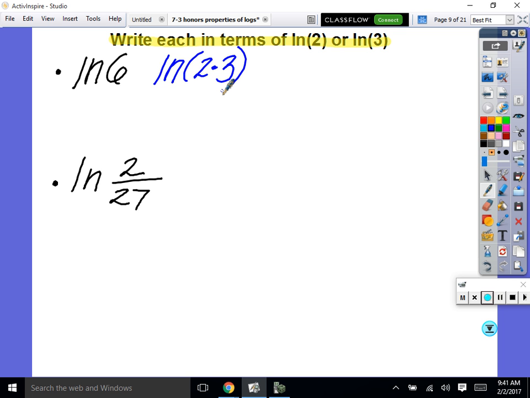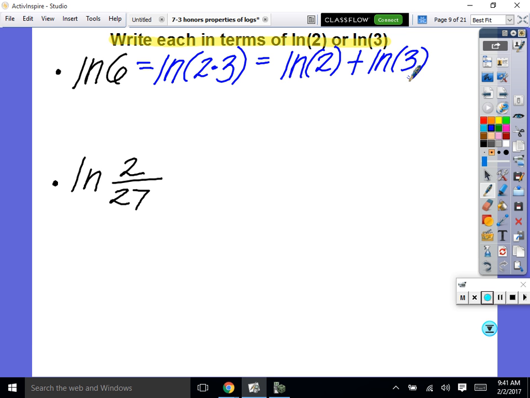Okay, so 6 is the same thing. This is literally equal to this. So now what we're going to do is split it apart. When you multiply, you add. So we can split this apart and write it as two separate ln's. ln of 2 plus ln of 3. So now the goal would be going backwards, essentially. Because yes, I get it, you're like, why do that? But it's doing this to prepare you to be able to go backwards, okay?